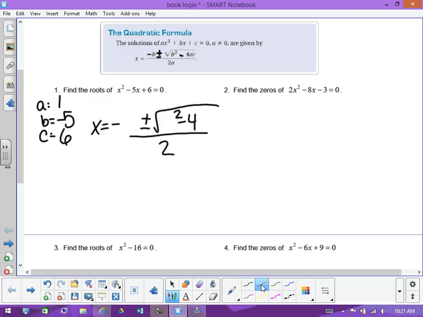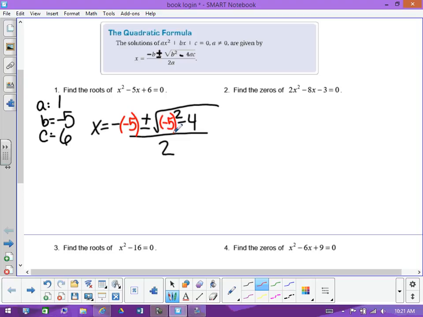So, this says B. What's our B? Negative 5. If it is a negative, put it in parentheses, because if not, you're going to mess up. Underneath the square root, that says B squared, so I'm going to write negative 5 again in parentheses.